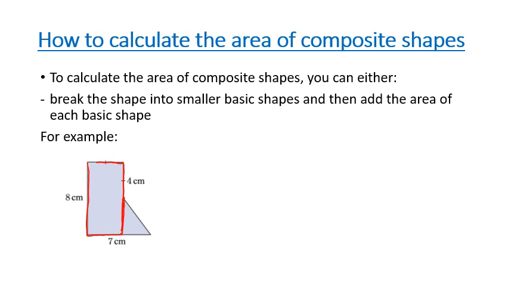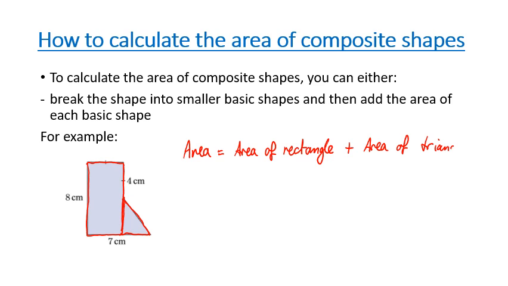Now, if we work out the area of our rectangle first, so the total area is equal to the area of the rectangle and the area of the triangle. So we work them out separately and then add them together.